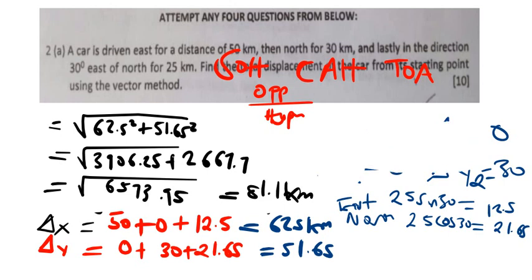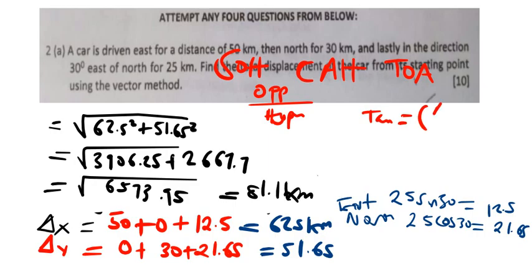Okay, now that I've got this, I'm also supposed to find the direction. Even if they haven't asked you to find the direction for a vector, please always find it. And you know the way we find it, tan theta is just equal to the change in y over the change in x. In this case, theta will be the arctan, the tan inverse, of the change in y over the change in x.